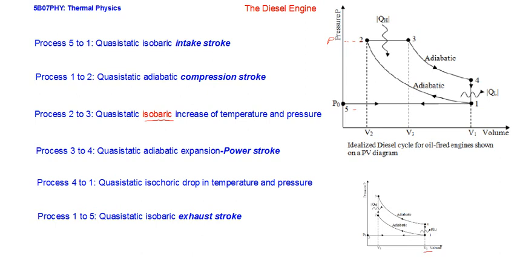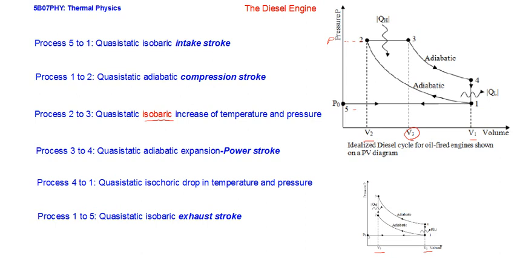But when you come to the diesel engine, you will see that there are three relevant volumes: V1 and V2, which play the same role as in the petrol engine, and one more relevant volume, which I have named V3. So V3 is a third volume that becomes relevant.